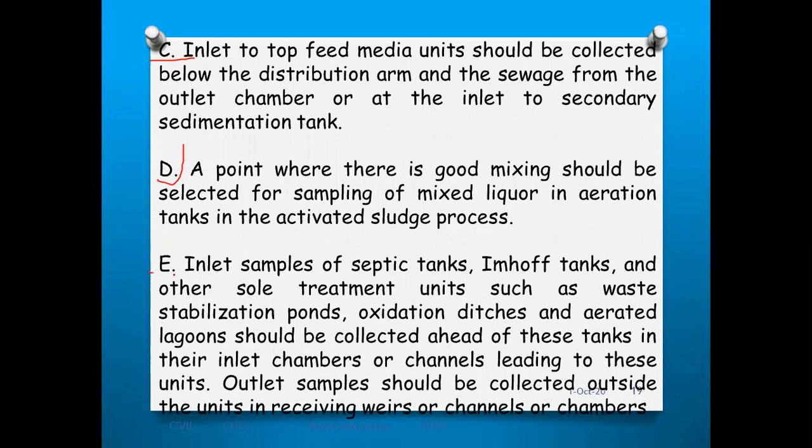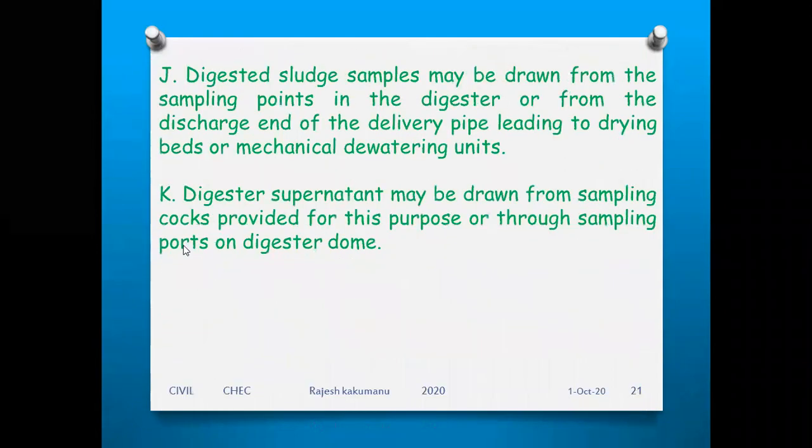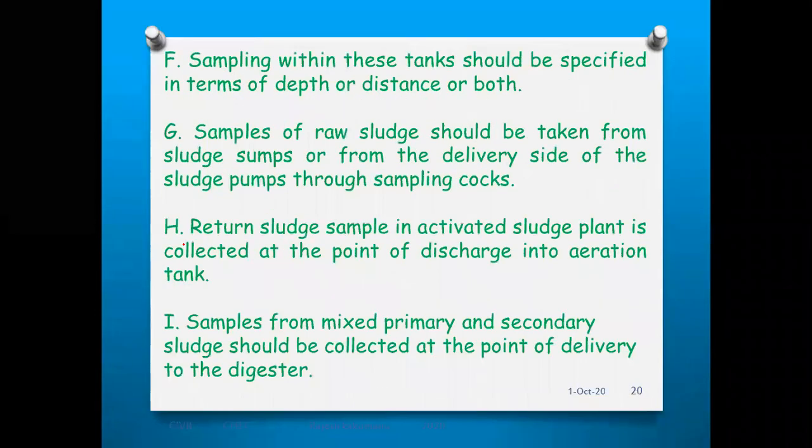So this is another way of collecting the samples. Next, sampling within these tanks should be specified in terms of depth or distance or both, that is, how much depth and how much distance you are taking the samples.